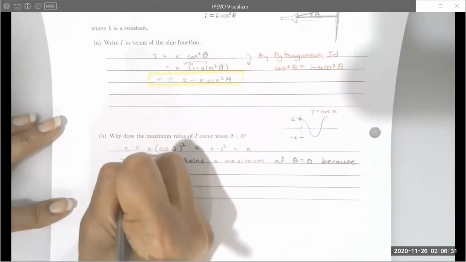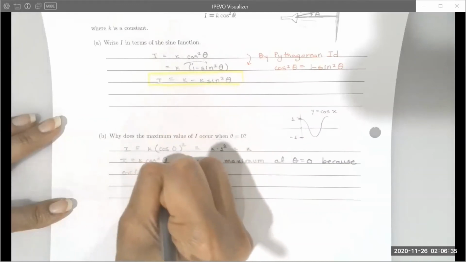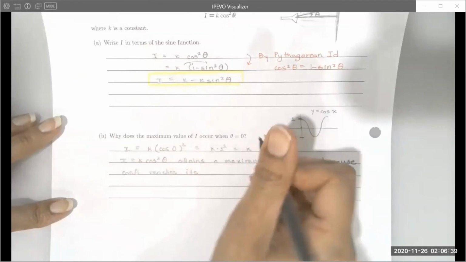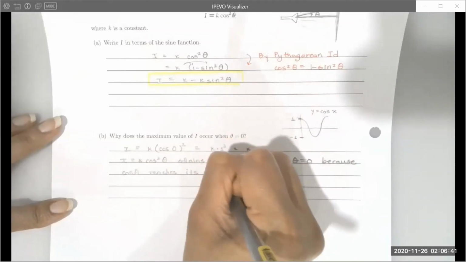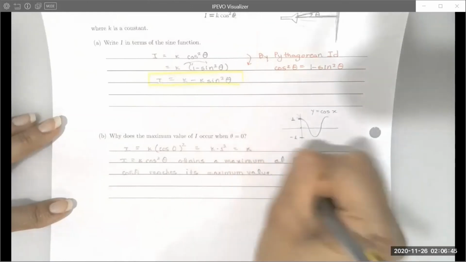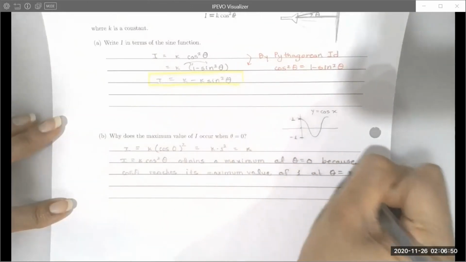Because cosine of angle theta reaches its maximum value of 1 at theta equals 0.